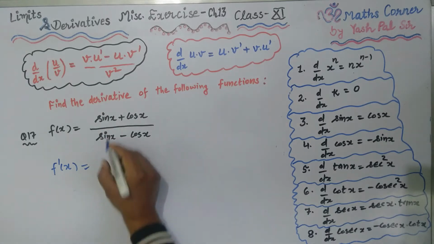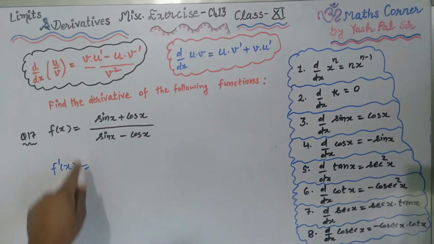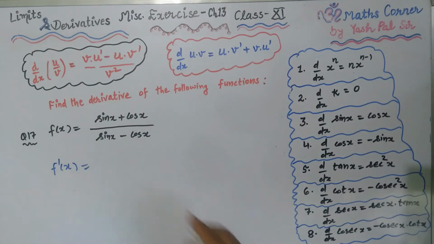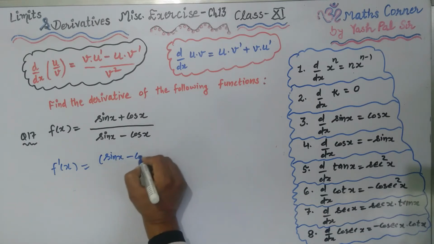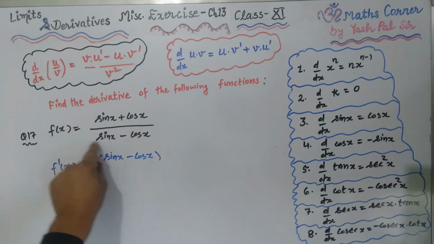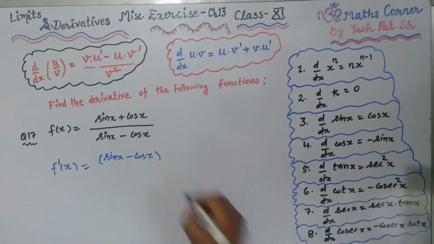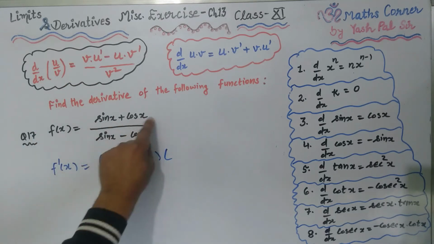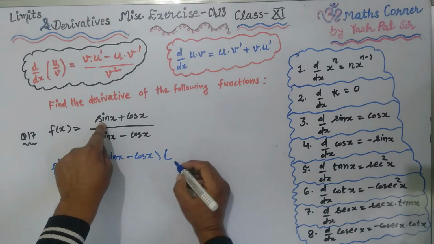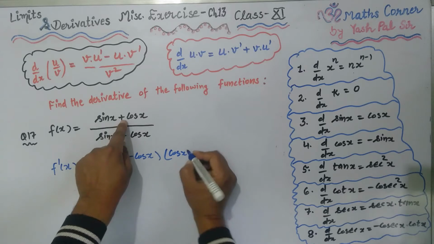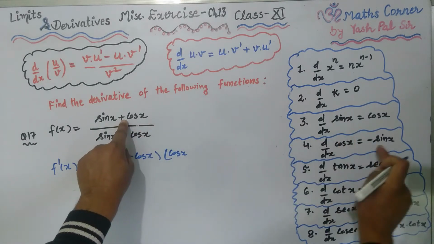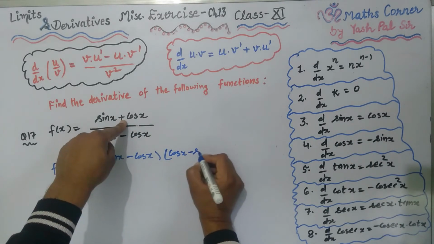Quotient rule says v into u dash, the denominator is v, that is sin x minus cos x. This v into u dash, u meaning numerator, its derivative: sin x derivative is cos x, plus cos x derivative is minus sin x.